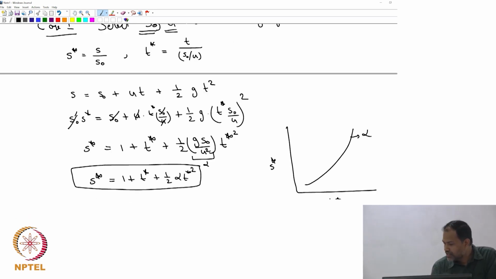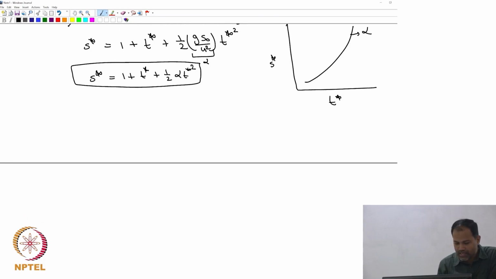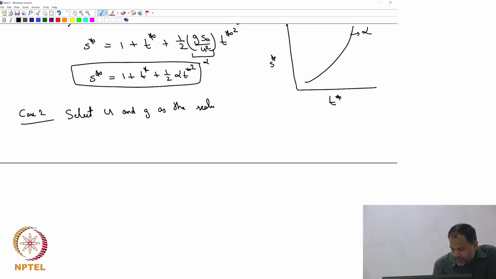Let's say you are going to select a second case, case 2, select U and G as the scaling parameters. So how can we do that? We have got U which has the dimensions of length per time and G which has the dimensions of length per time square.